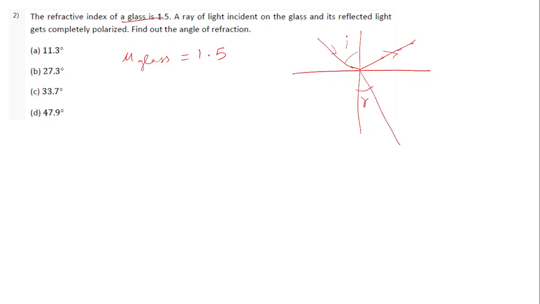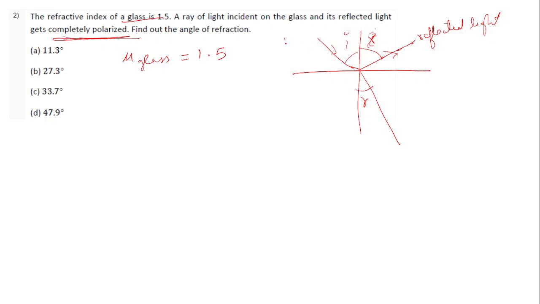This is the incidence angle. This is the same because it follows the law of reflection. So this is the same. And this is the refractive angle. Now we know when incident light after reflection becomes completely polarized, that means this is Brewster's law phenomenon. That means this happens when the angle between the reflected light and the refracted light is 90 degrees.